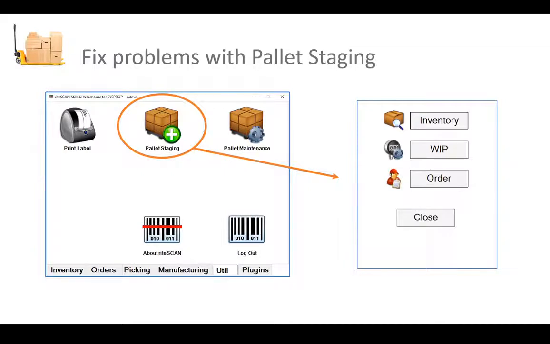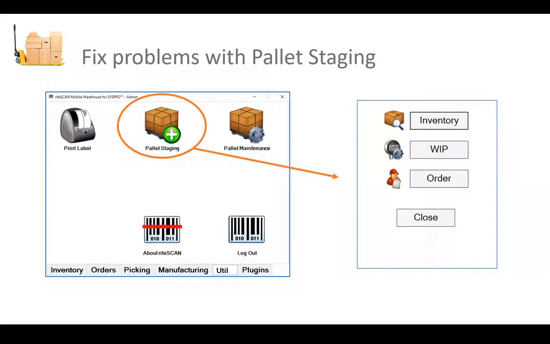The other one is WIP, which allows you to create or use an existing pallet to stage materials for production based on specific job materials lists or your bill of materials. This allows you to build a kit for a job and then issue all of those materials at one time.